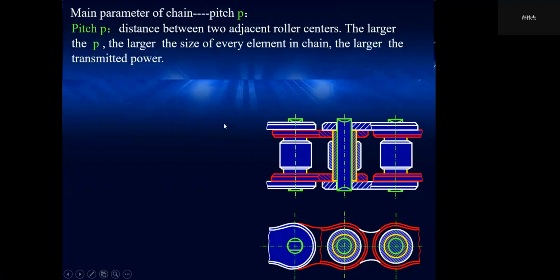The pitch P is the center distance between two adjacent roller centers. The larger the P, the larger the size of every element in chain, and the larger the transmitted power.